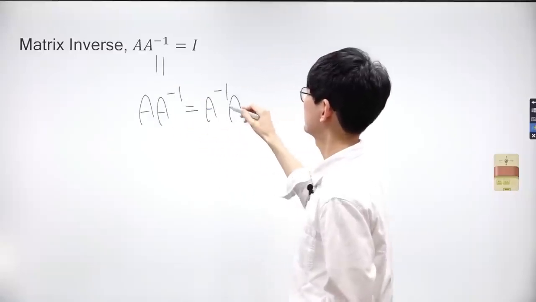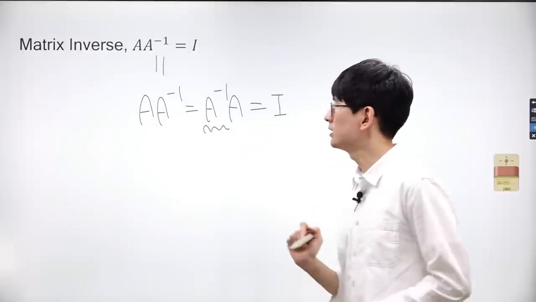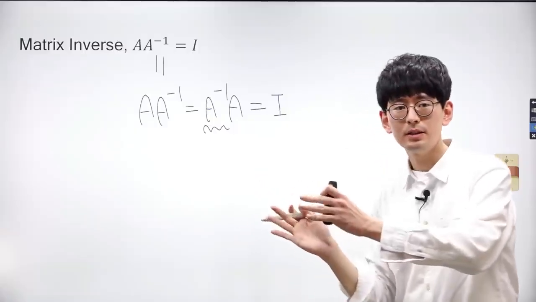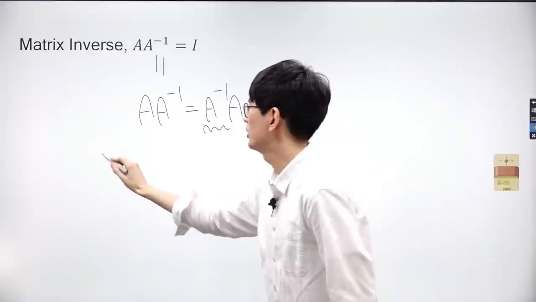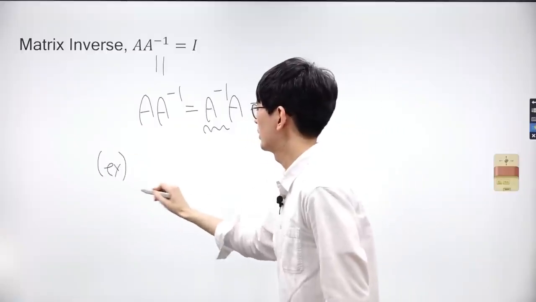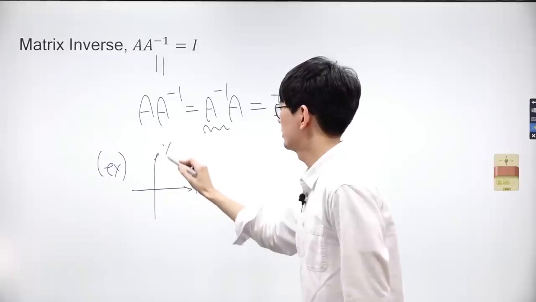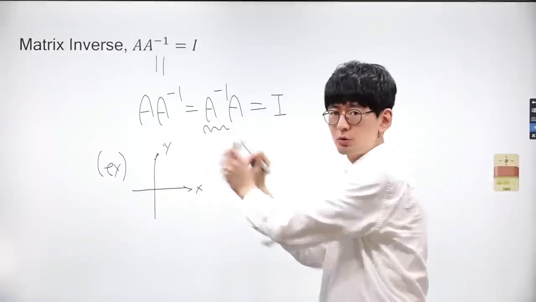If we multiply matrix A by a certain matrix and obtain an identity matrix as a product, we call the matrix multiplied by matrix A the inverse matrix of A. This means that an inverse matrix of A restores the coordinate space altered by matrix A. We began with a two-dimensional space defined by the axes x and y.